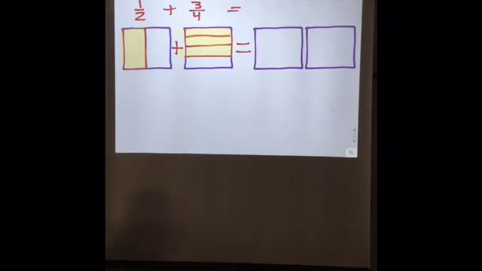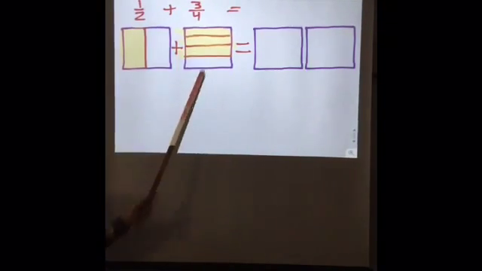No. Why? Because I have to have the same bottom number in order to add them or subtract them. So, how do I do that? I'm going to change my color. I'm going to take this vertical line and I'm going to put it over here.